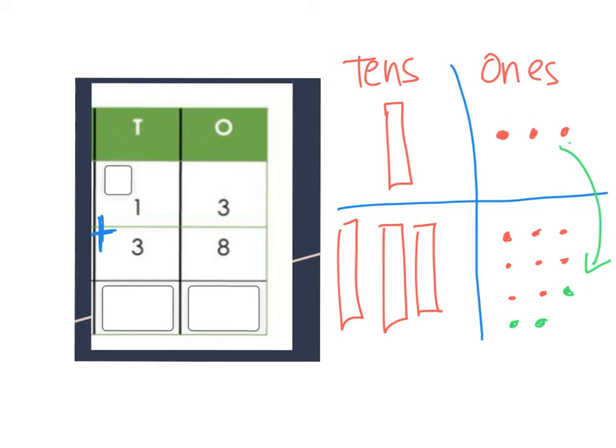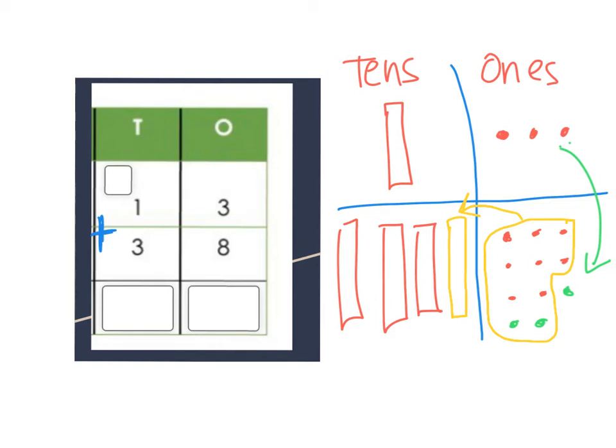So since that's an 11, what we're going to do is combine 10 of the ones to give us another 10. So I'm going to bring that over here. So now what I can do is in the problem, I can count.